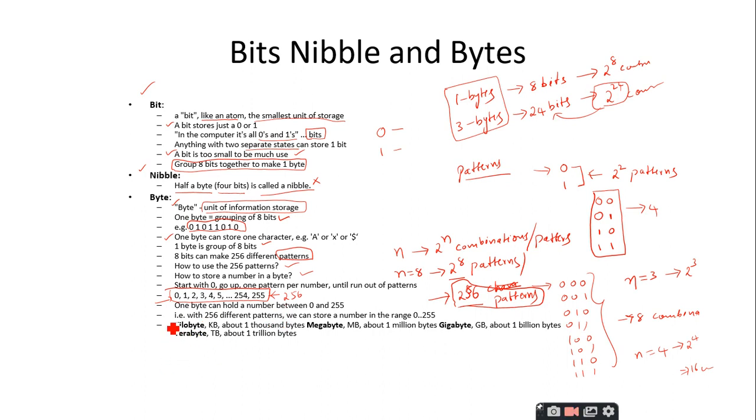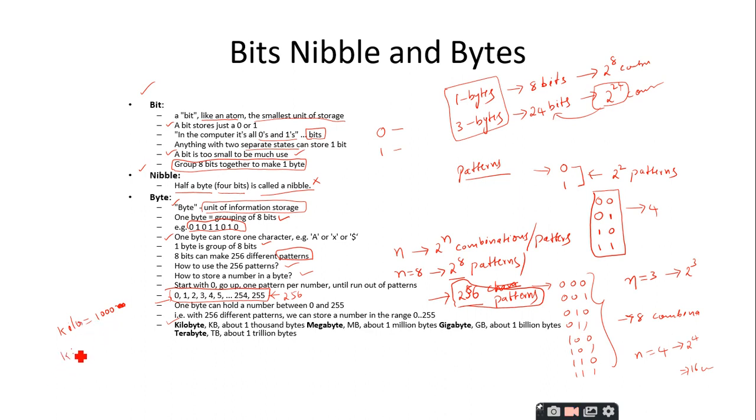Like this, we also have various measurements for memory, that is kilobyte. Kilo means 1000. But one important point you should understand here is that kilo equal to 1000 is in normal metrics. But in computer science terminology, kilo does not represent 1000.